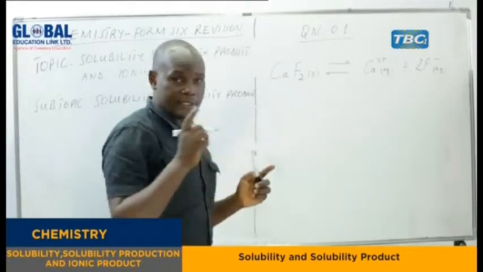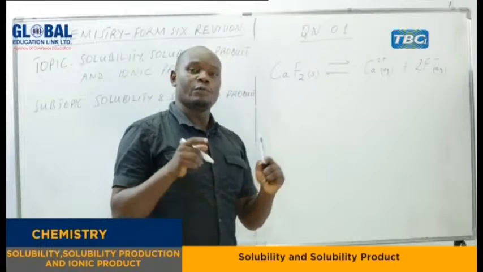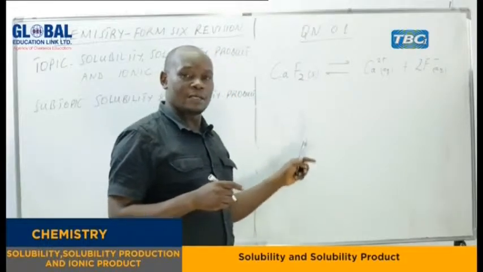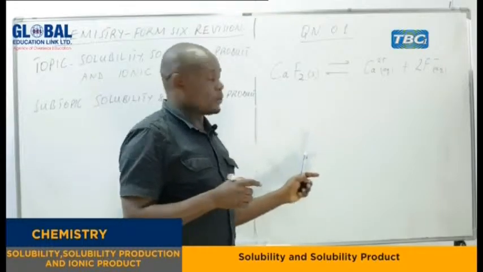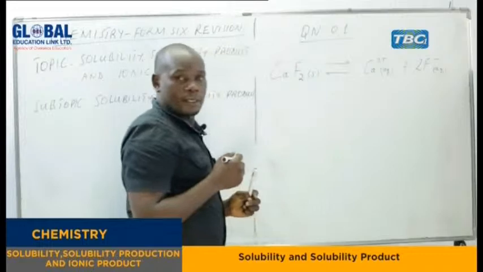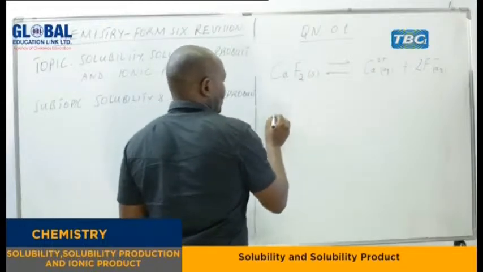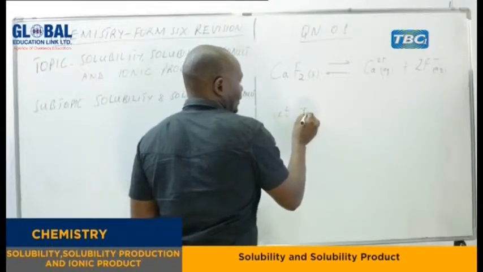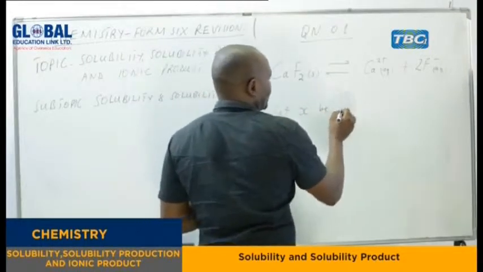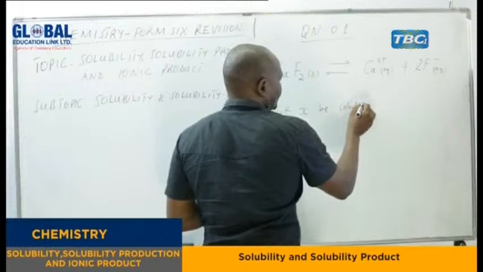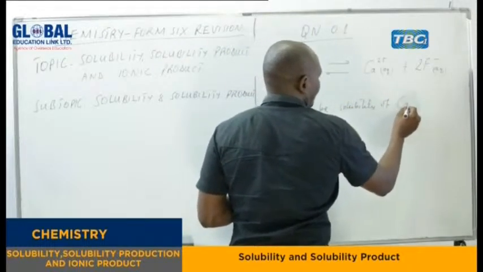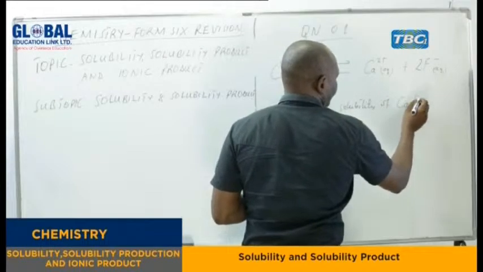We said that KSP is the product of the concentration of the ions of that sparingly soluble substance. So here, since we have calcium and the fluoride, let X stand for the solubility of calcium fluoride.